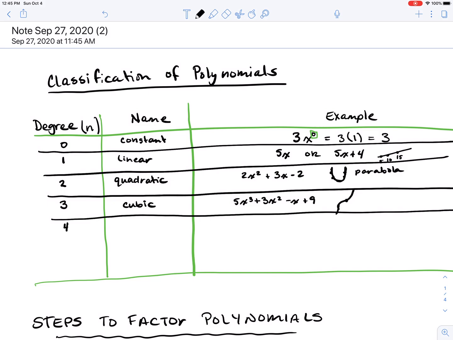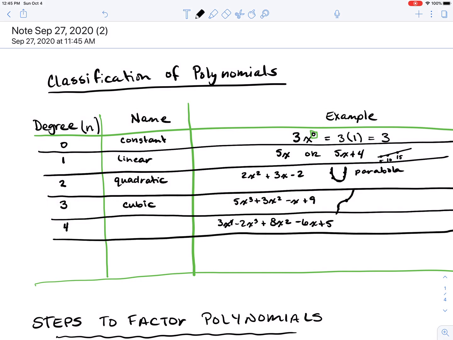Let's look at ones that look like 4. So an example would be 3x to the 4th minus 2x cubed plus 8x squared minus 6x plus 5. We're getting really long in these. And these we call quartic.